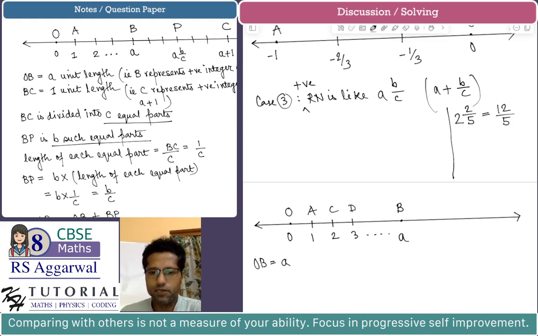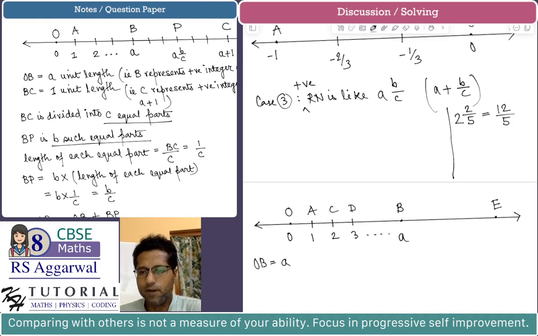So B is representing the integer a, and what is a? a is coming from the whole part of the given rational number. Now we take a point to the right hand side of the point B at unit distance from B. Let this be point E. Now the letters I am using in the discussion may not match the ones in the notes, so please ignore that and try to understand the concept.